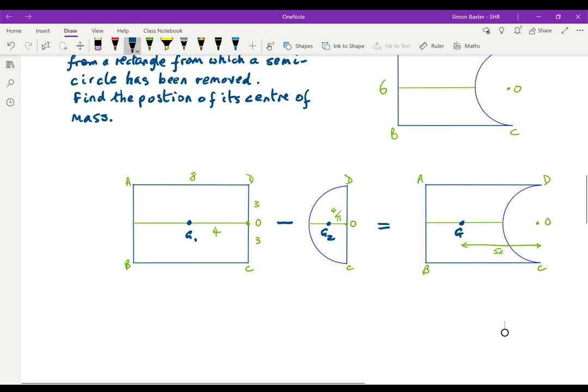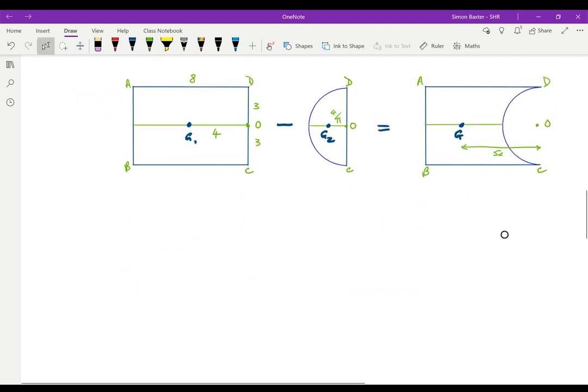Let's give myself a little bit more space down below. I'm going to do the same as before. The area we can think of as the mass. The area of 6 by 8 rectangle is 48. The area of the semicircle is a half pi r squared.